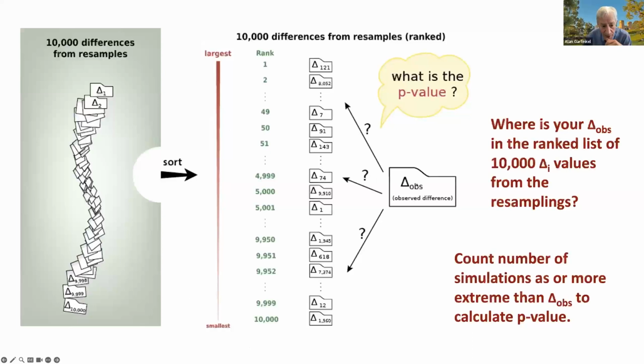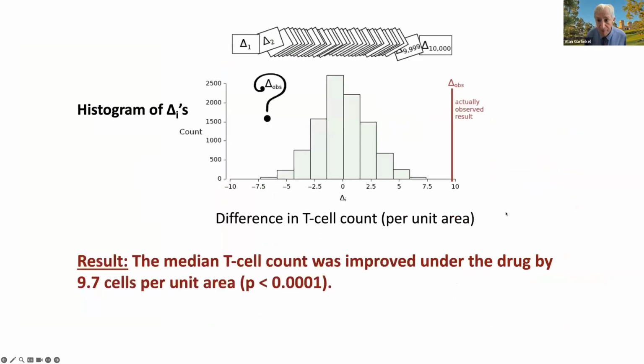So we take our delta obs, your observed result, and we ask, where does it rank among the 10,000 simulated deltas? And if your actual delta is bigger than 95% of the simulated deltas, then your actual delta is significant at p less than 0.05, because results bigger than it occurred less than 5% of the time. And that's what p less than 0.05 means.